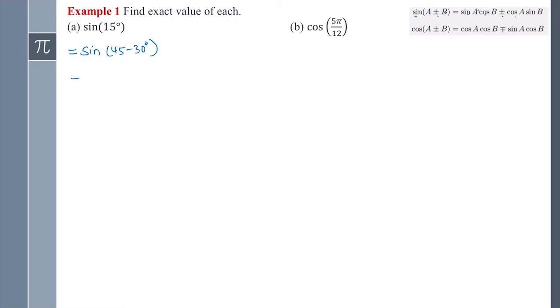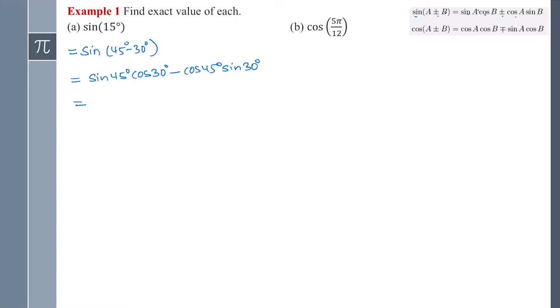So let's use that. This is 45 degrees, so sine A means sine 45 degrees. Cosine B means cosine 30 degrees, minus cosine A times sine B. Now from the unit circle, we know the exact values for this.